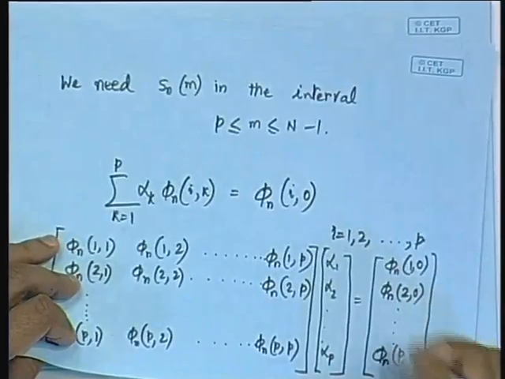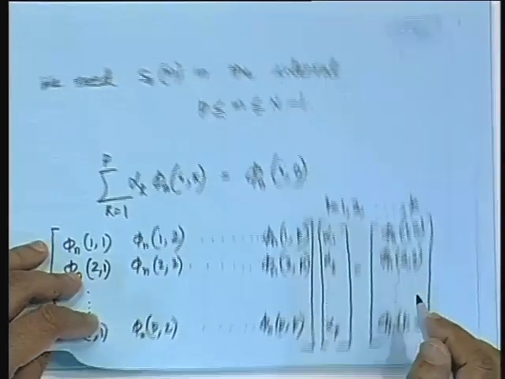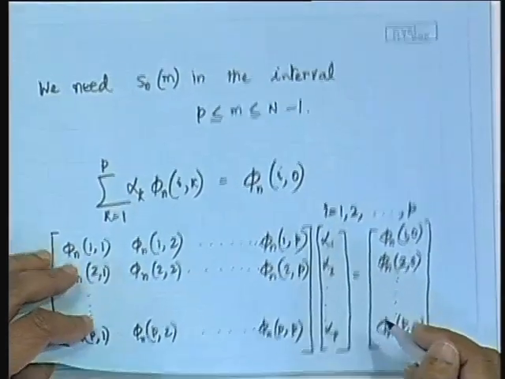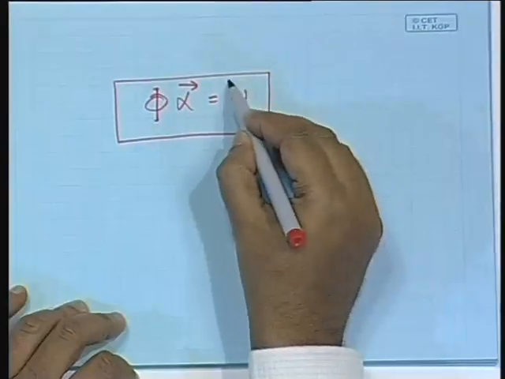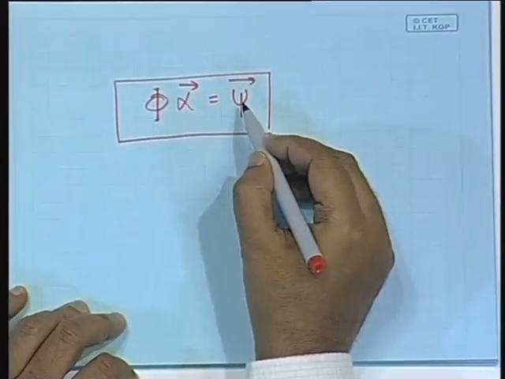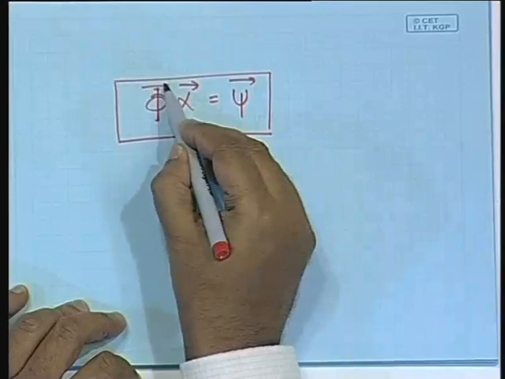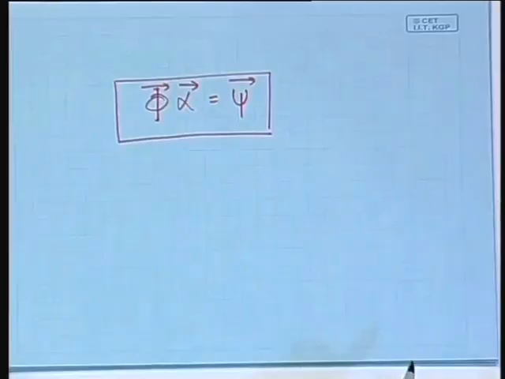And this is another column vector, this phi n 0 0, so this also is a vector. And by the matrix notation, phi alpha is equal to psi. This is the basic matrix equation which we have to solve.